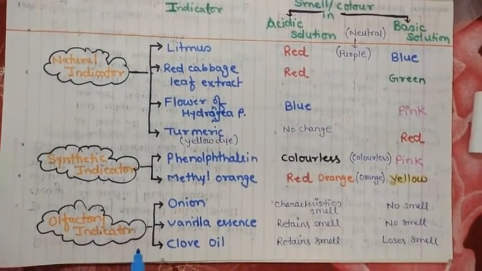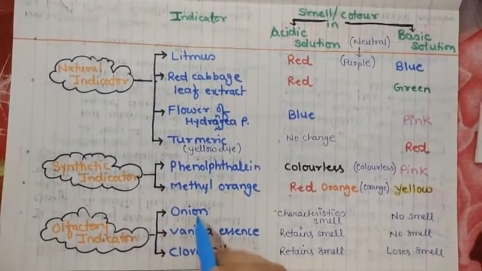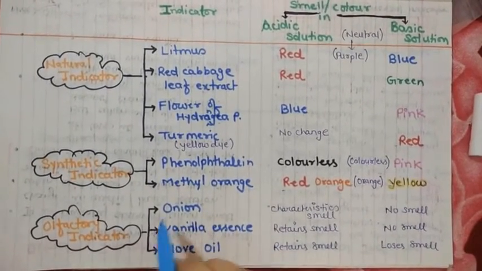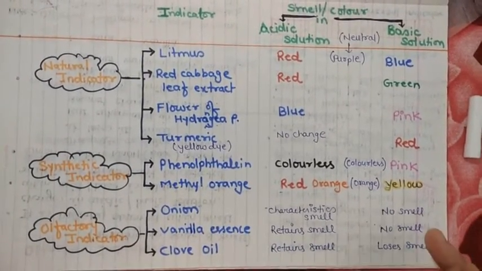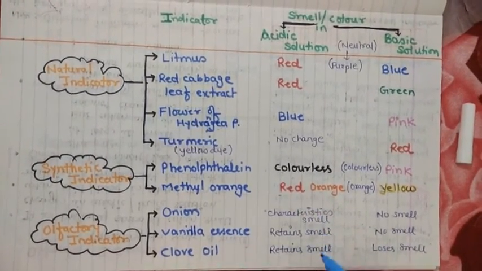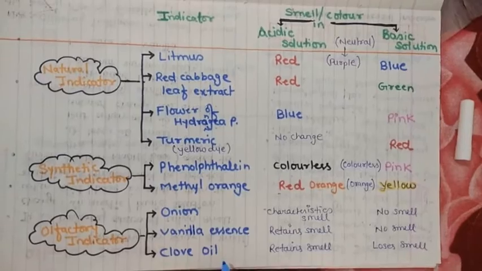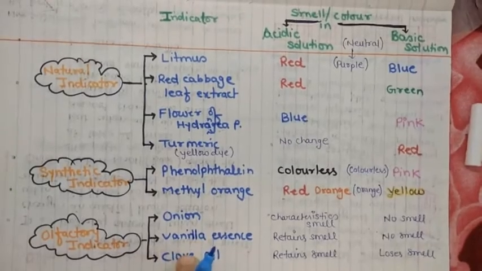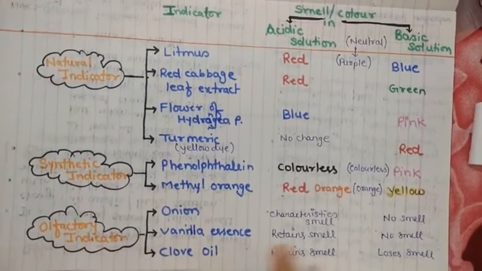Olfactory indicators, if we see, are based on smell or odor change. Onion, vanilla essence and clove oil have their characteristic smell. If we put acidic solution in them, there is no change in the odor, and that indicates an acidic solution.